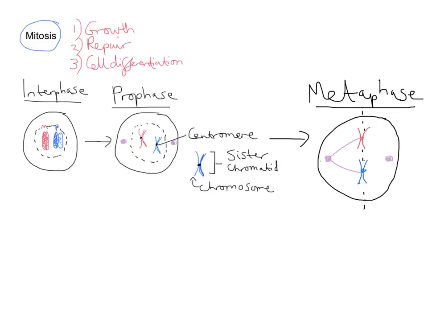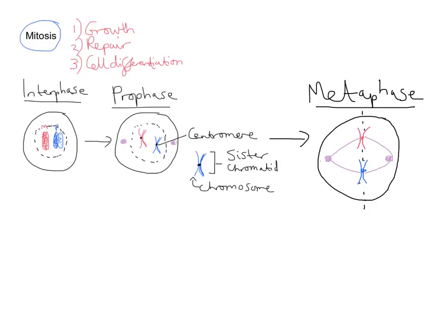So this one on the left here that I'm drawing will have a spindle fibre that will attach on the left side to one of the red strands, one of the copies there, and it will have a spindle fibre that attaches to one of the blue strands, one of the chromatids in that pair. This centriole on the right hand side will grab, if you like, the other two.